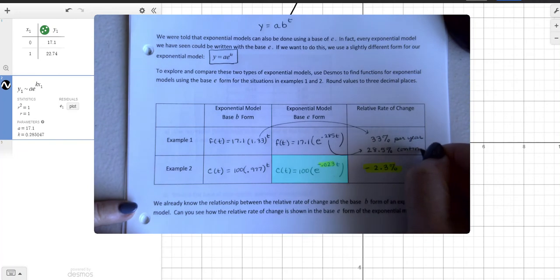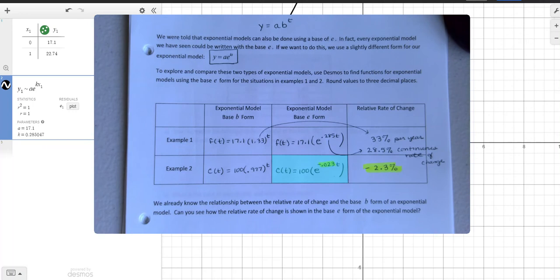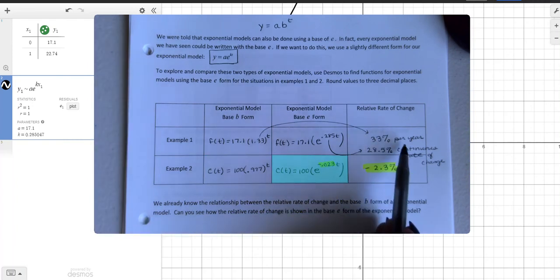is what we call a continuous rate of change. It's kind of like the same idea as, do you wait till the end of the year to put all your interest into the account, or do you put it in a little bit at a time? Or does the bank put it in a little bit at a time? This is what happens if you wait till the end.